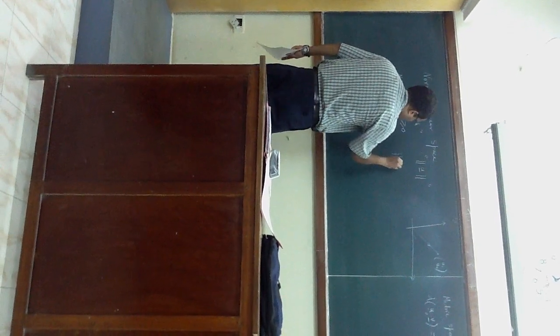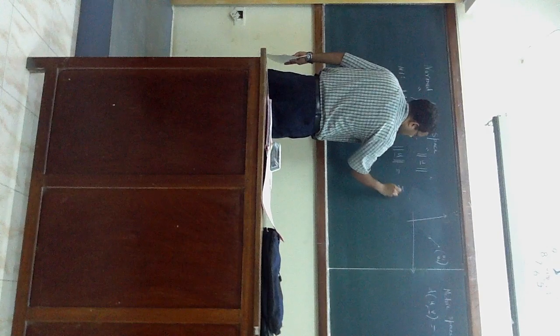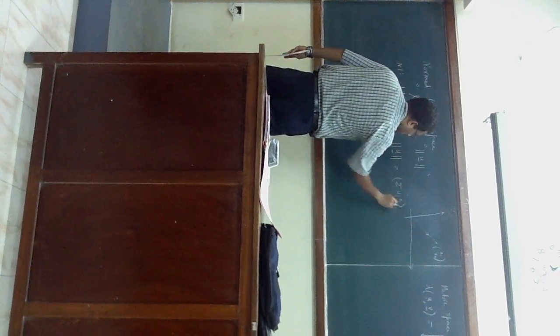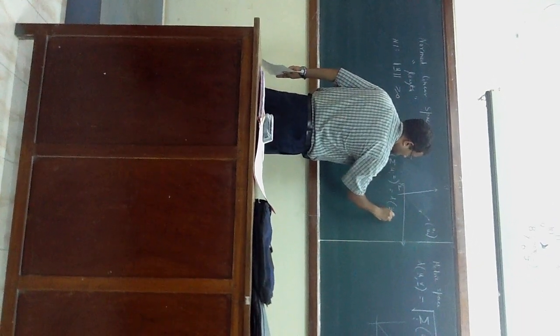So, in the normed space, one can define the norm as the summation of ui square whole to the power half, which can also be defined from the metric space, with the zero vector. So from a metric space you can define the norm.